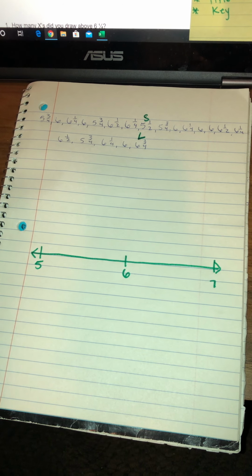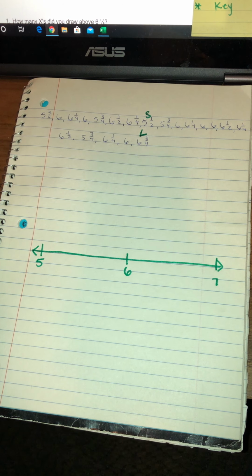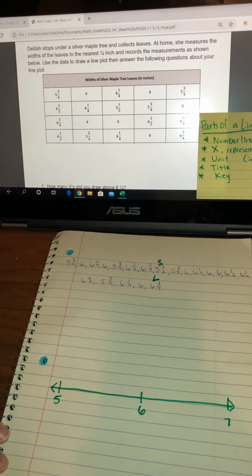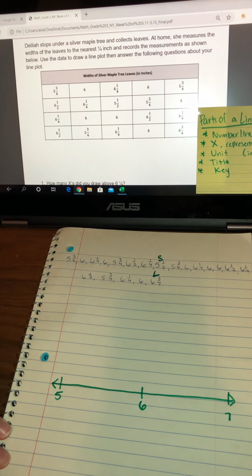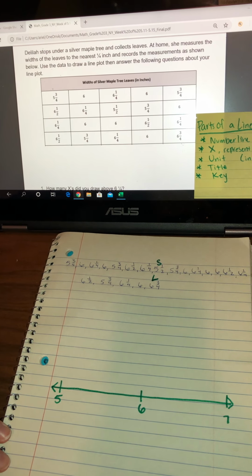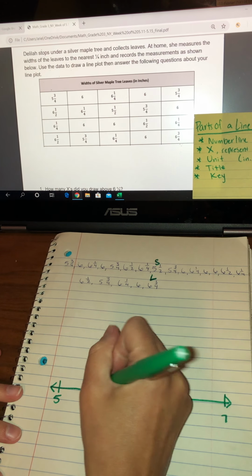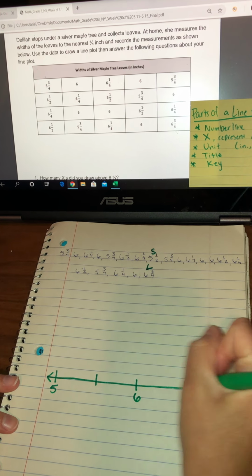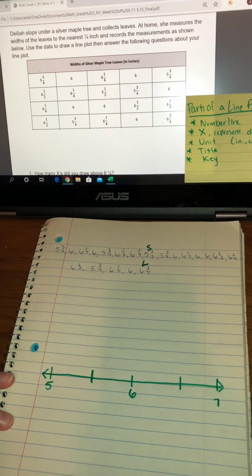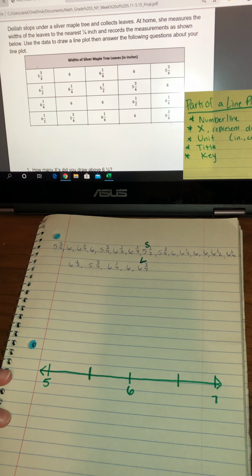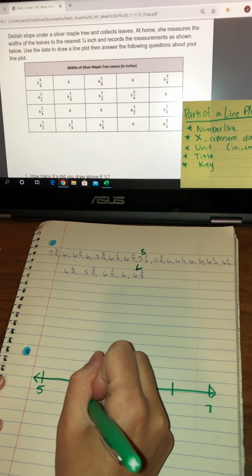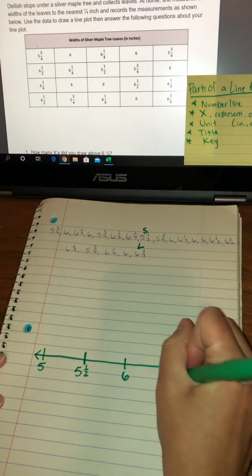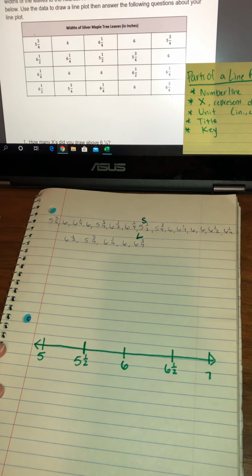Now that I have my whole numbers on the number line, we're measuring to the nearest 1/4 inch. So I know I need to split my number line into fourths. First I'm going to split each of my wholes in half, and just as we learned working with a ruler, we're going to label these 5 1/2 and 6 1/2.